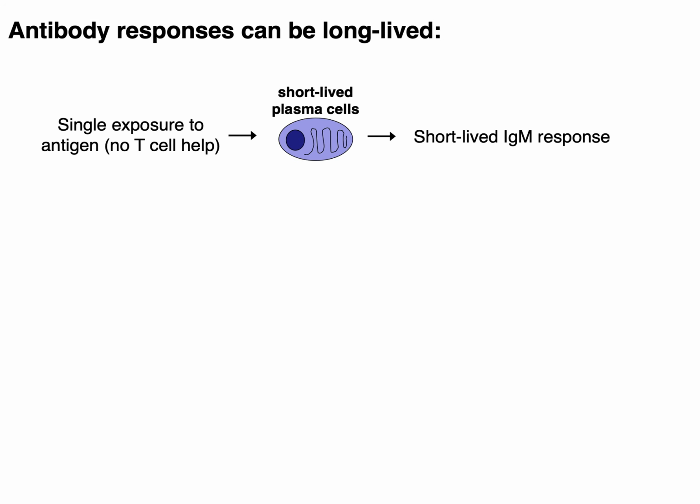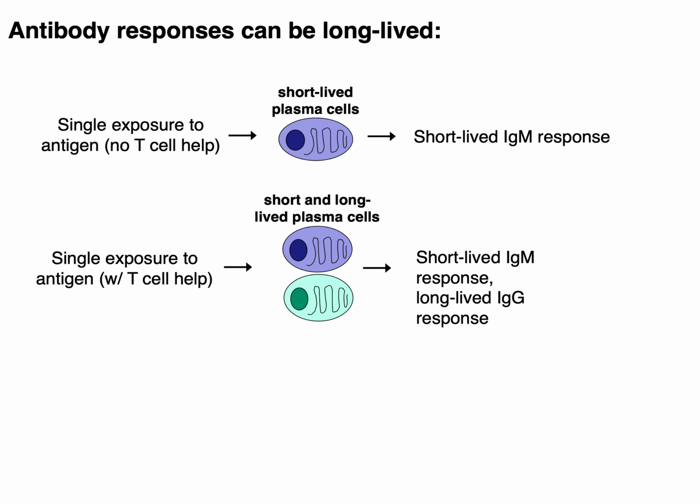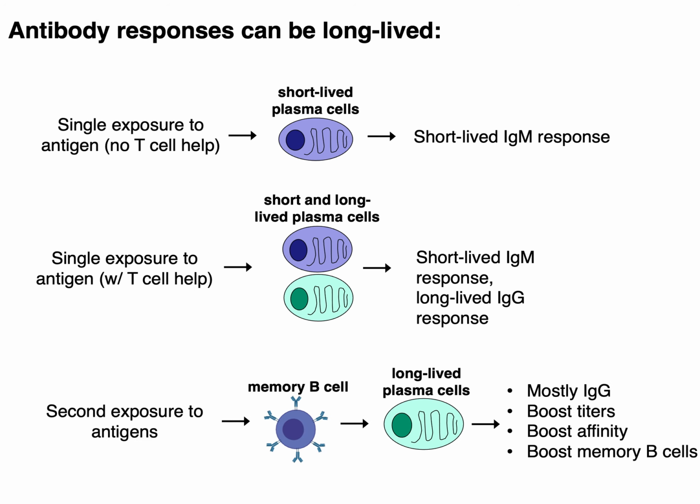Here's an example of how that works. A single exposure to an antigen may lead to a short-lived IgM response, but a single exposure with T cell help can lead to the formation of a more long-lived IgG response through the formation of long-lived plasma cells.